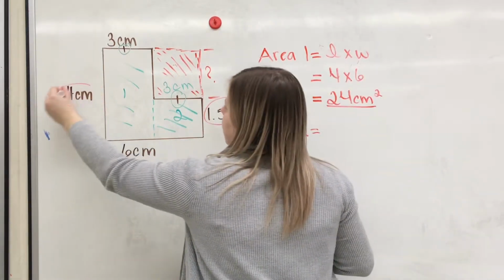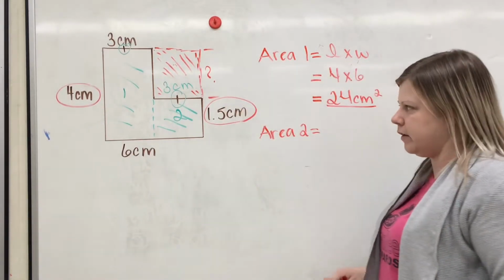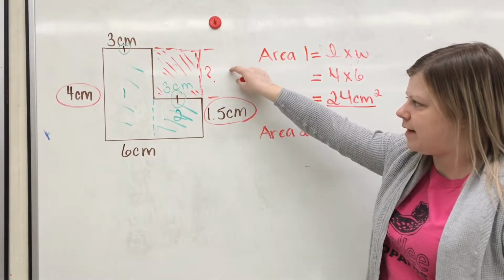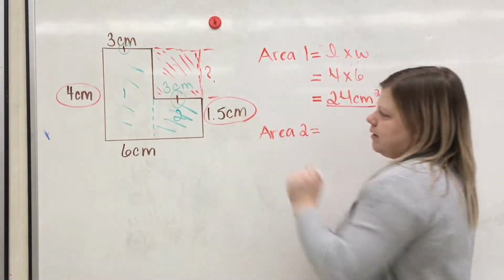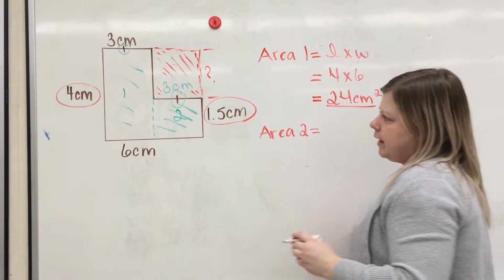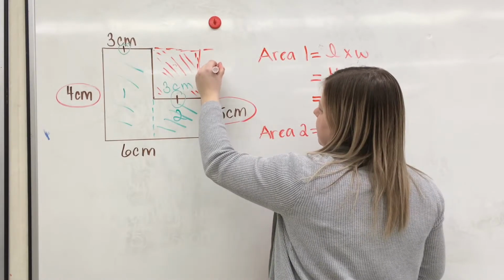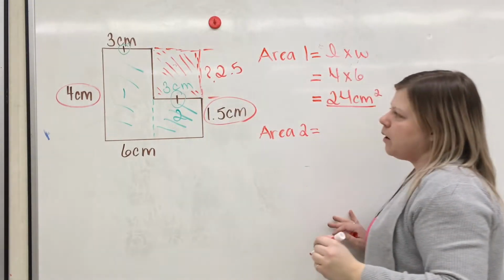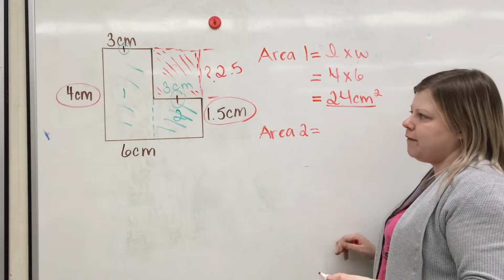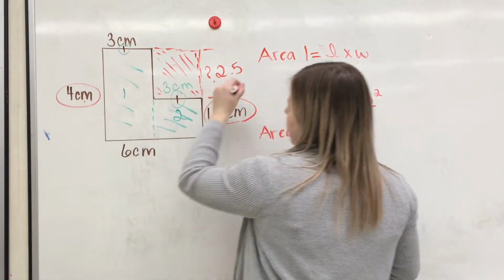But I do know that this side is 4 centimeters. So in order to find out what this area is here, I'm going to have to take that 4 centimeters and subtract 1.5 from it. And then what I'm going to get is 2.5. And I know that 2.5 plus 1.5 is equal to 4, so then both of our sides end up being the same.